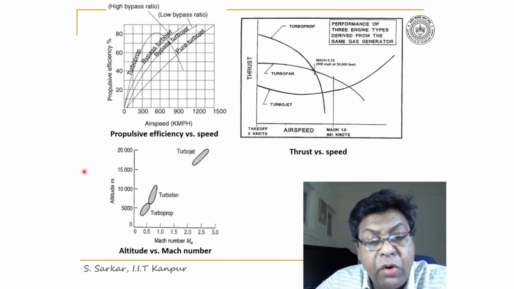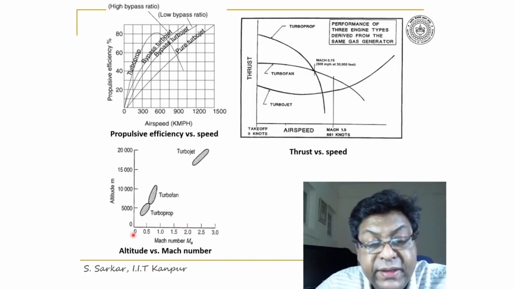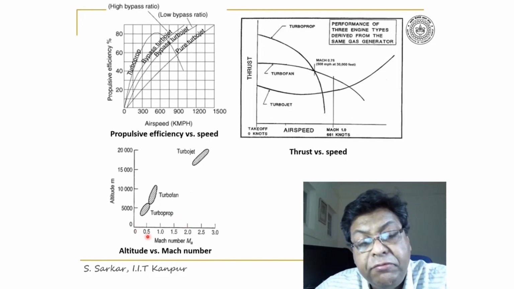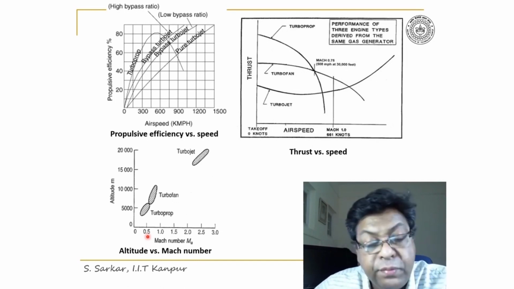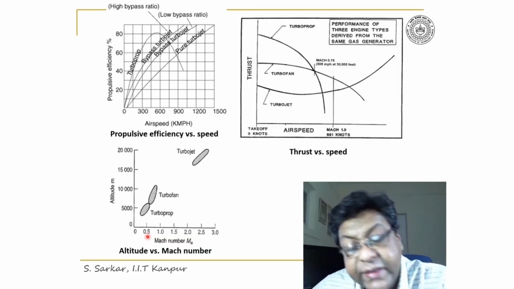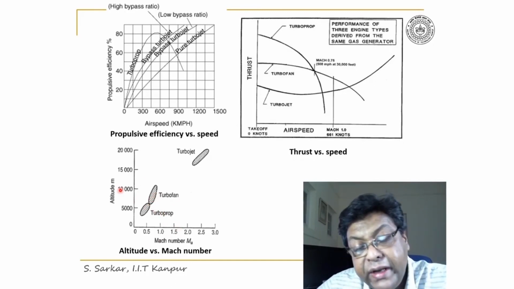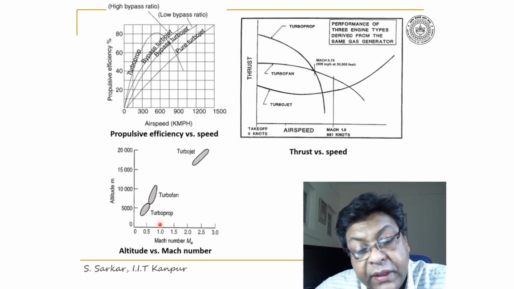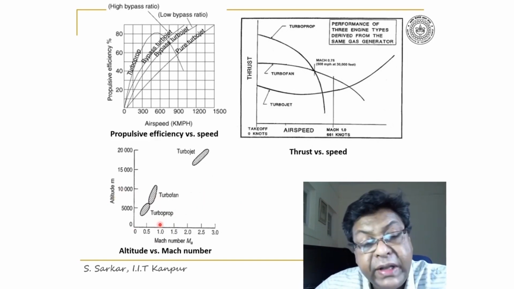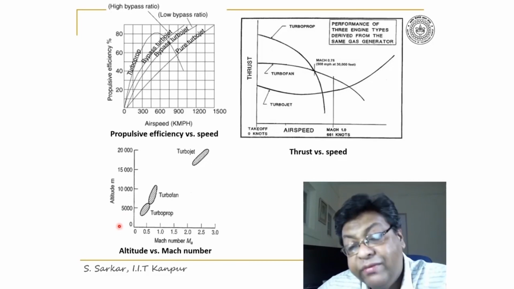Here I have shown the altitude and the Mach number. You see, turboprop lies in the range of 0.3, 0.4, maximum 0.5 Mach number. After 0.6, turbofan takes over, and turbofans generally fly at an altitude of about 10,000 meters, whereas turboprop flies at an altitude of 5,000 meters.